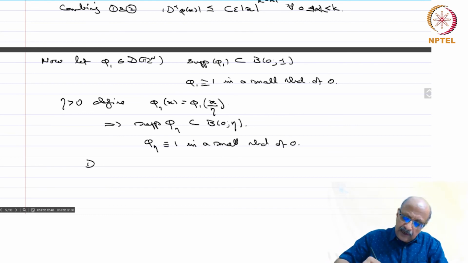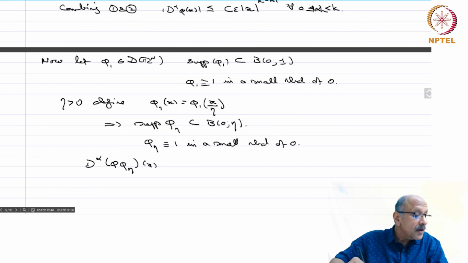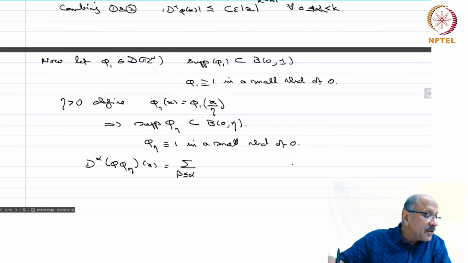Now you take D^alpha phi eta of x. I am writing the Leibniz formula.